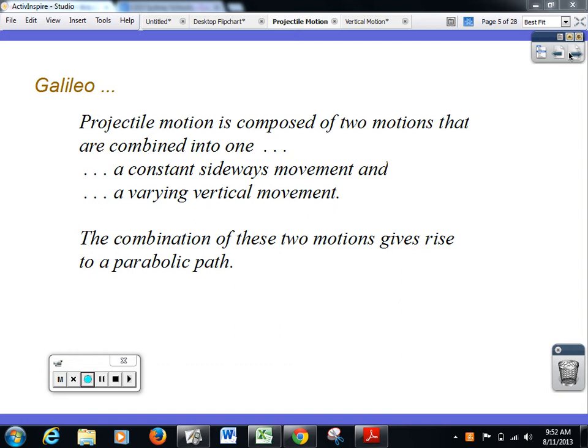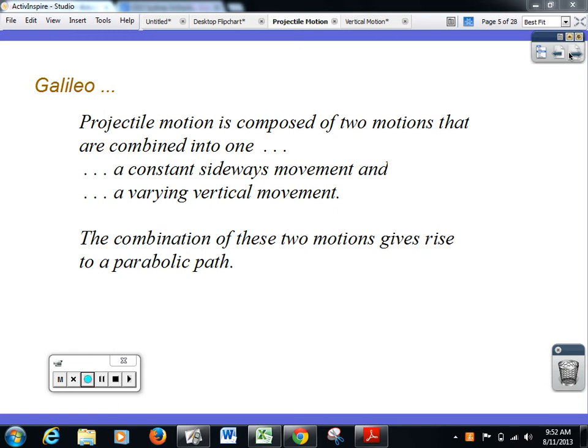Okay? So the two motions are, if I was to project this water bottle at this angle up here, what it really is doing is just travelling sideways. At the same time, it's travelling up and down. When those two motions are combined together, you get the traditional parabolic motion.